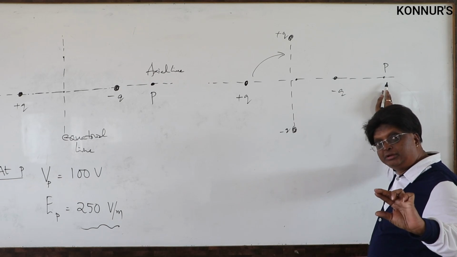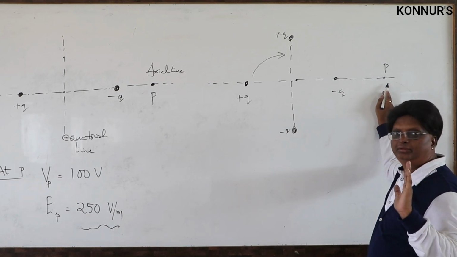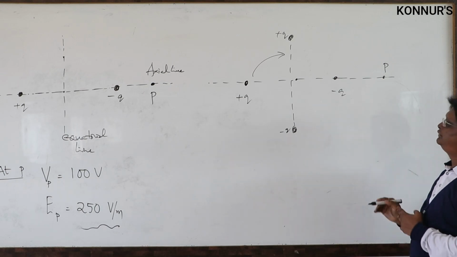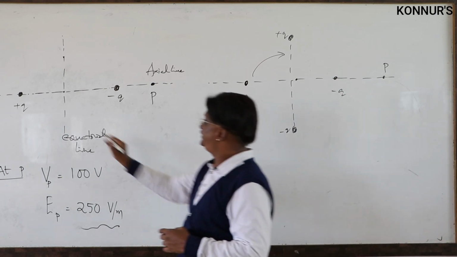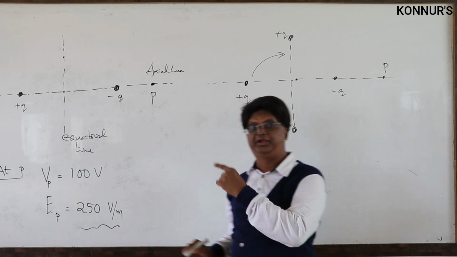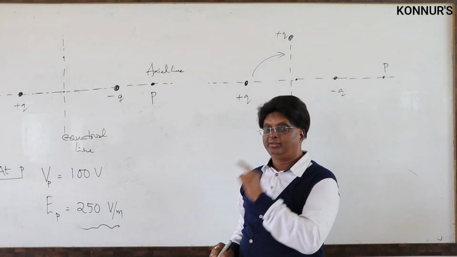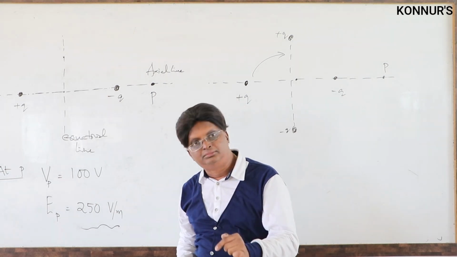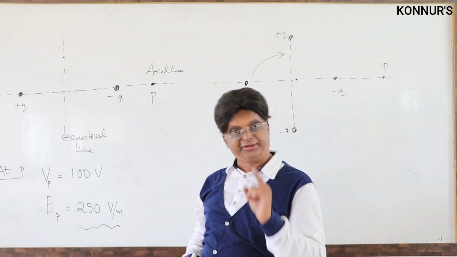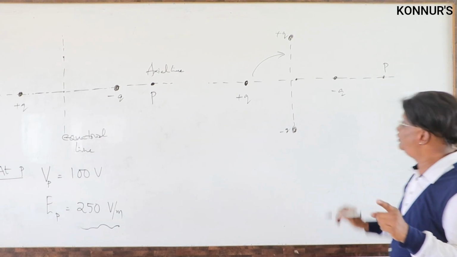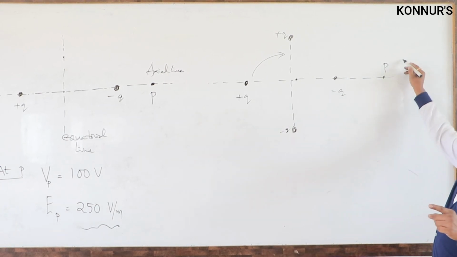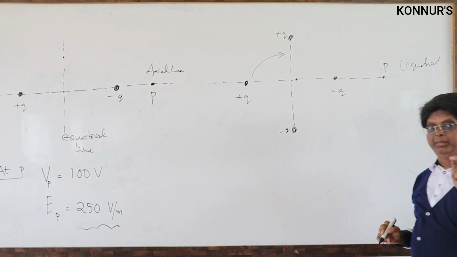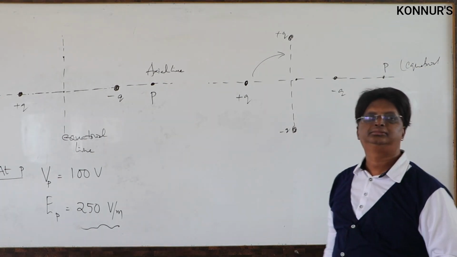Otherwise, an equatorial point becomes an axial point. Right? Now this is P becoming an equatorial point. But remember, since the distance of a point from a dipole is always taken from its center, though the axial point has become an equatorial point, the distance remains the same. Got the point?